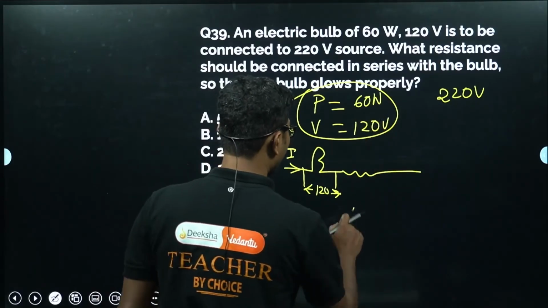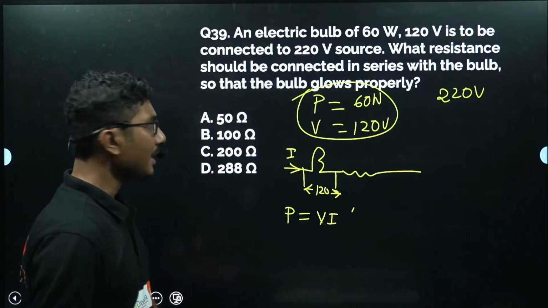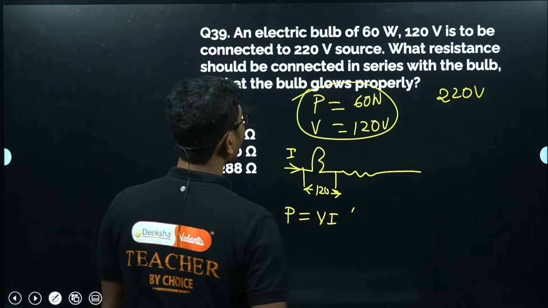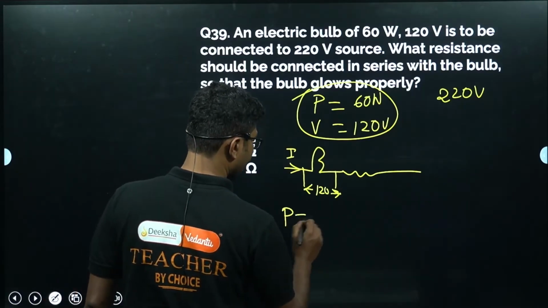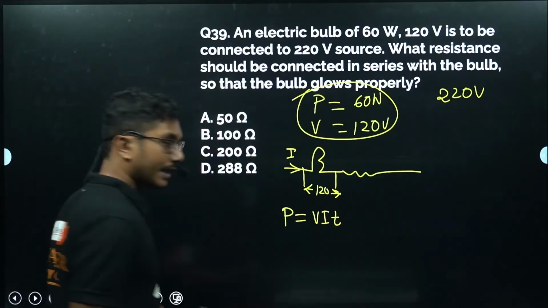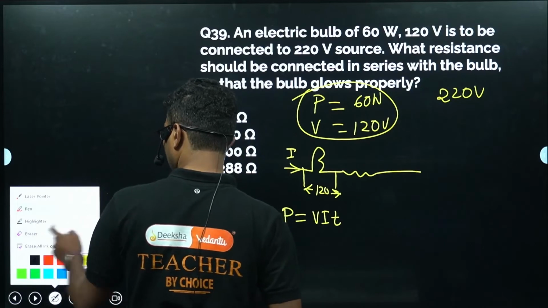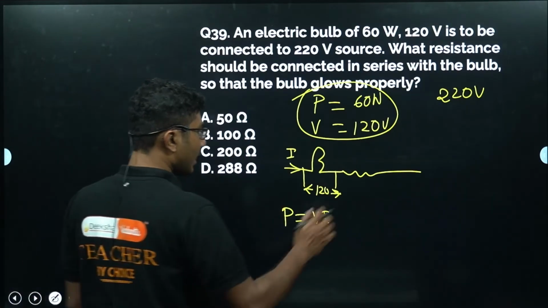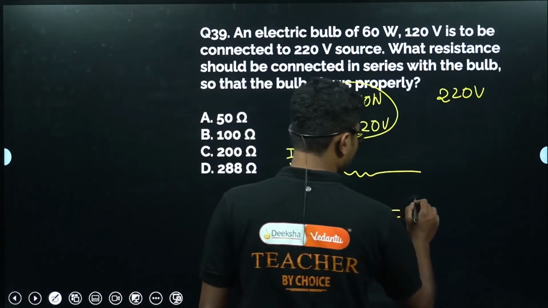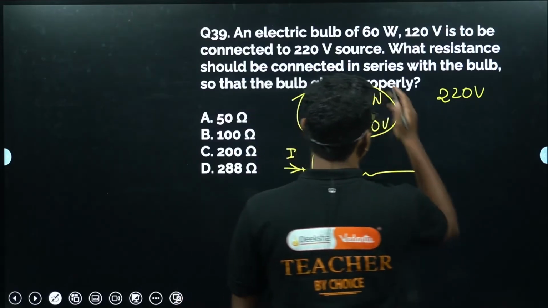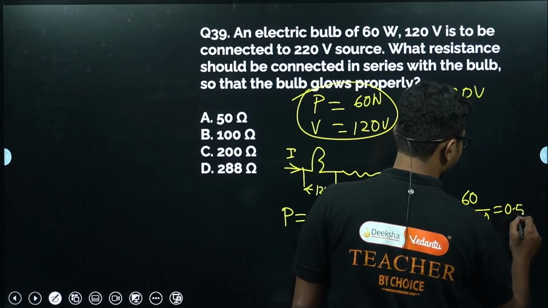Now let's see what is the current. We know that power is given by V times I. So we can calculate that I is given by P by V. P is given 60 watt, V is given 120 volts, this will be 0.5 amperes.